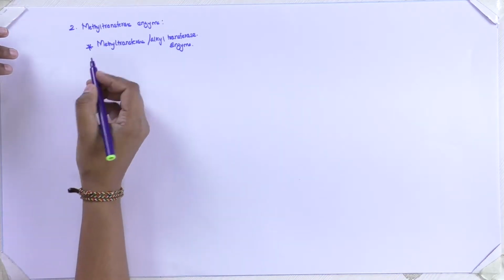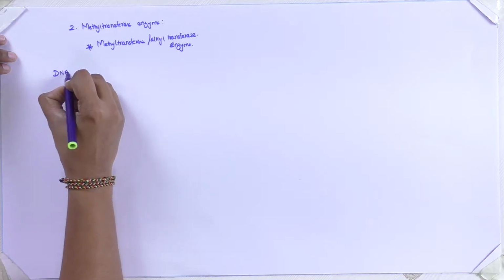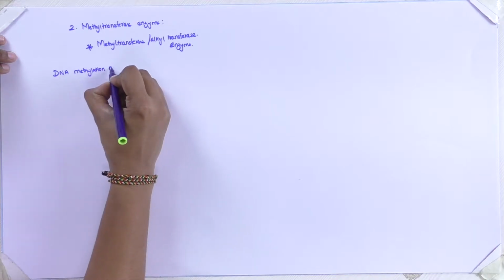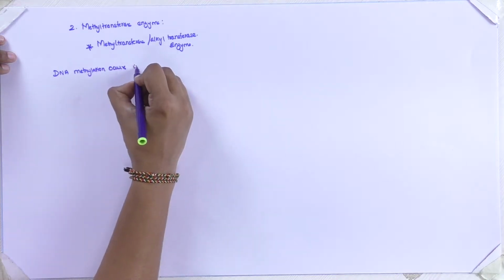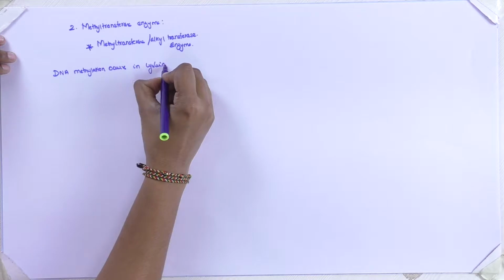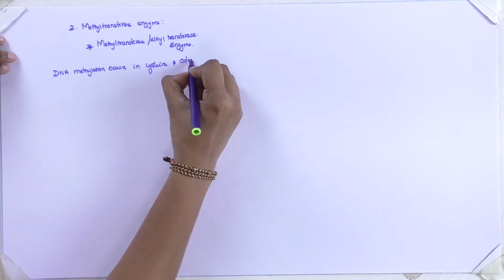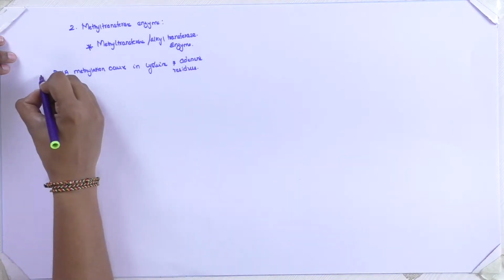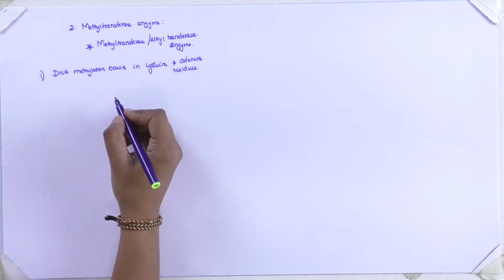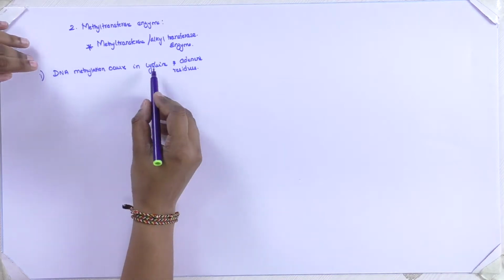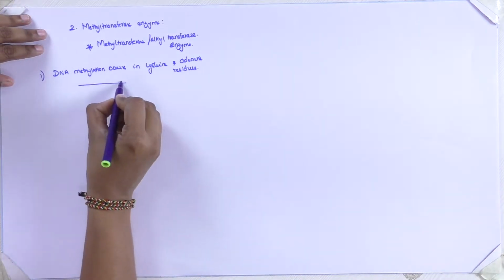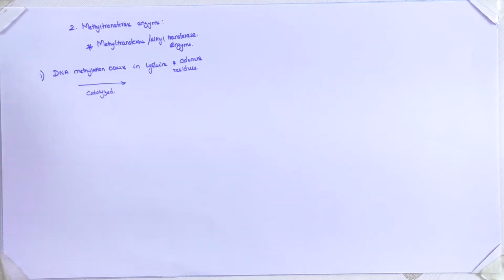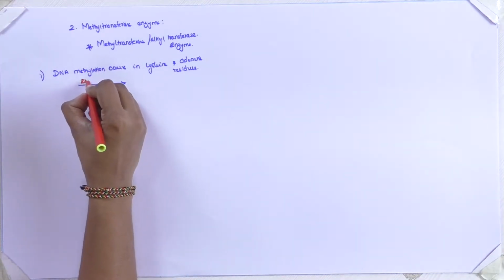So DNA methylation normally occurs in your body, in cytosine and adenine residues. This process is catalyzed by DNA methyltransferase or alkyl transferase.